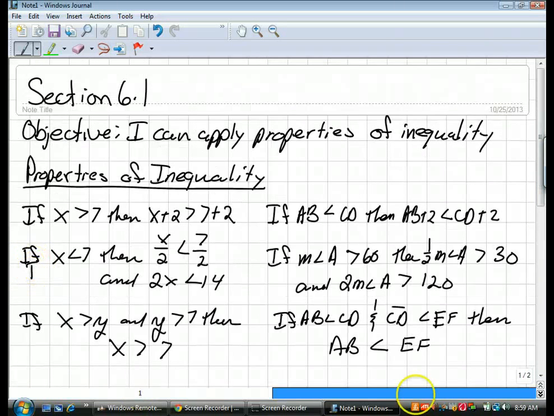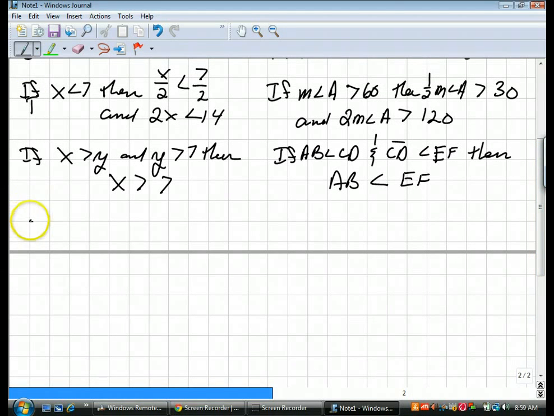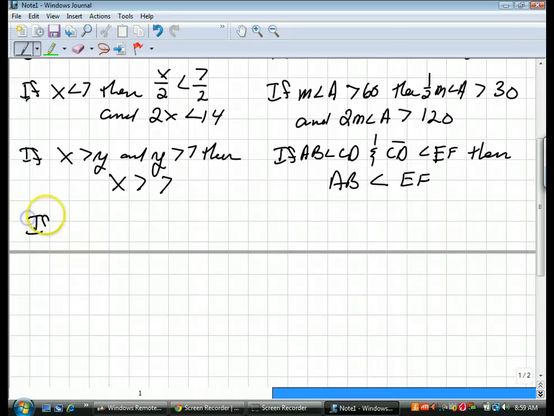And then the last one is if x is equal to y plus 2, then x is greater than y, and x is greater than 2.